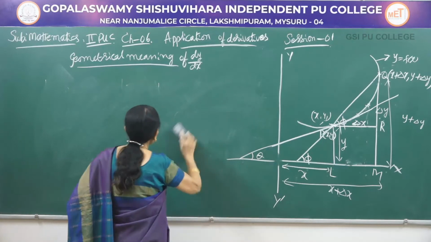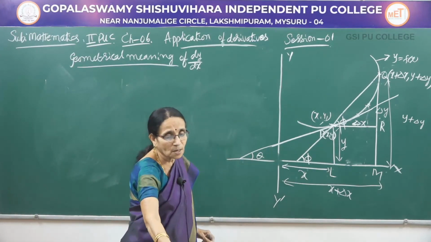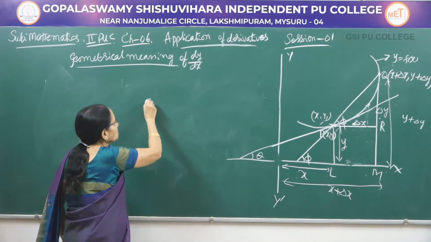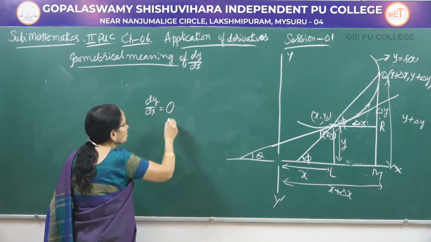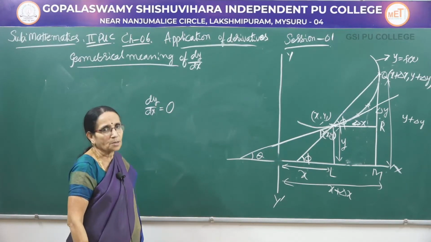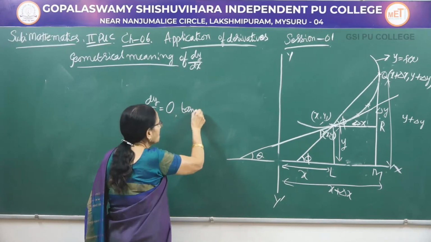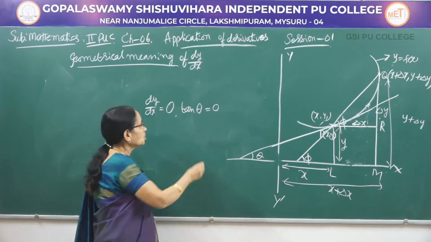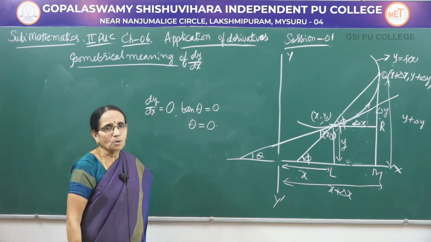Now, depending upon what we get for dy by dx, it may be a standard value or not. I am considering two particular cases, extreme values. Suppose dy by dx is 0. Then that means tan theta is 0, isn't it? Tan theta is 0 means angle theta is also equal to 0.